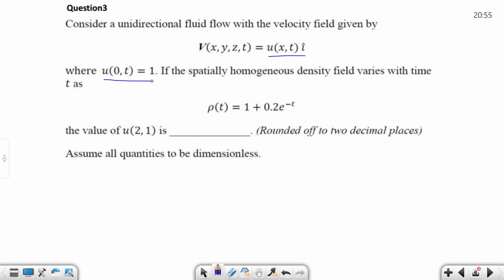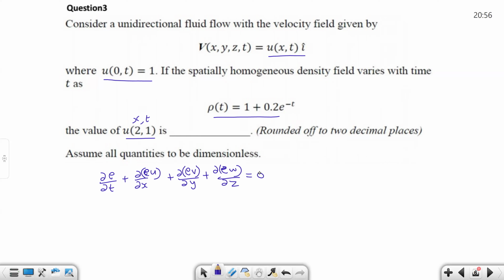Okay, so now we know that this must satisfy the conservation of mass equation: dρ/dt plus d/dx(ρu) plus d/dy(ρv) plus d/dz(ρw) equal to 0. Only u is there, v and w are 0.